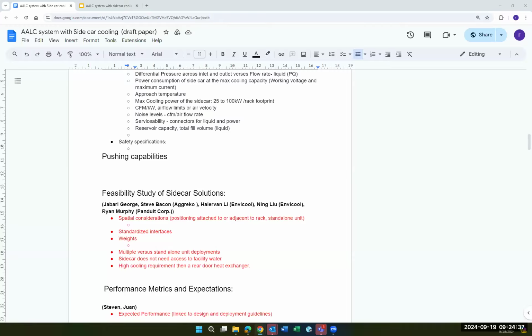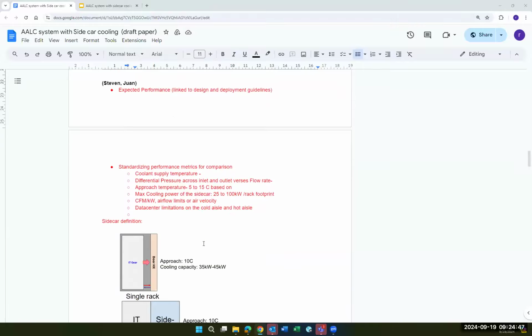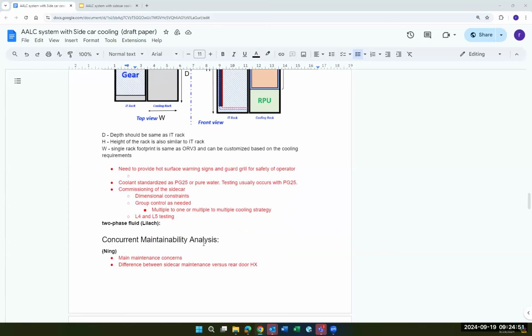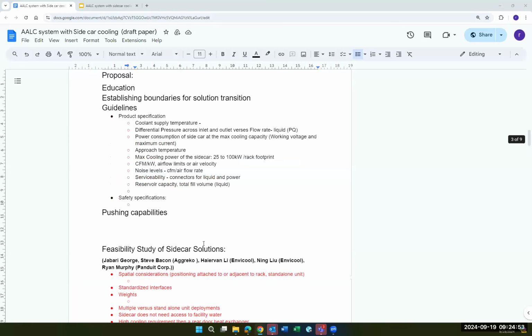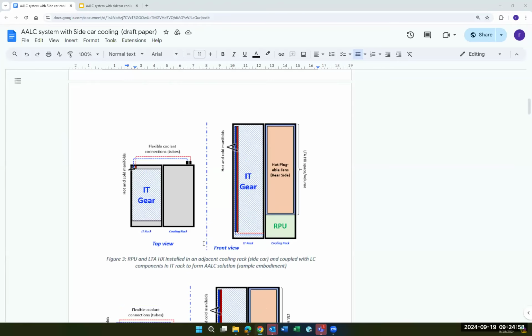Okay, I think we can put that in a non-critical component, but it still has to be replaced or worked on.